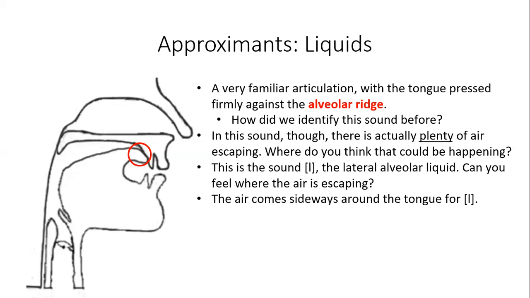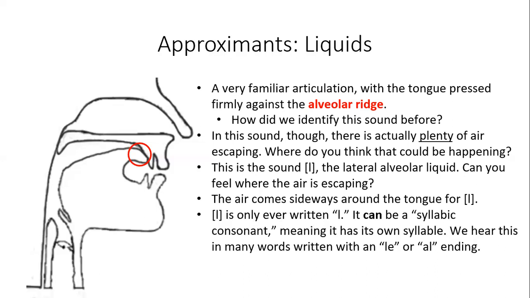It comes around the sides. Sometimes it actually sounds the same if it's one side, or both sides, or of course the other side. It always sounds the same because it's a big enough opening, it doesn't make a difference. Now the nice thing is, if we have a L sound in a word, it's always written with an L.